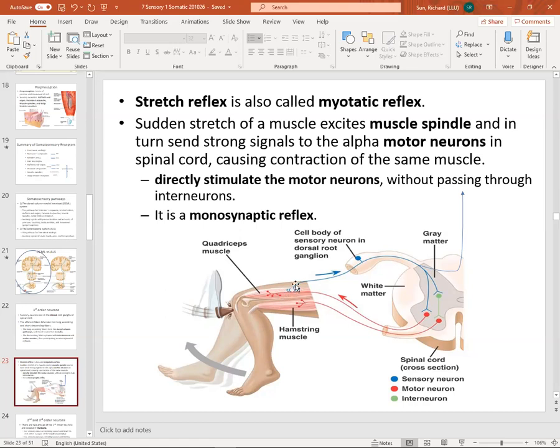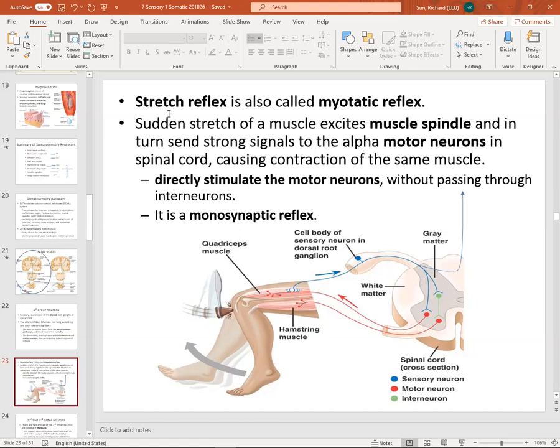This sudden stretch will trigger the muscle spindle, cause muscle constriction, and then it contracts, the leg will kick, right? So that's that. This is called stretch reflex or myotatic reflex.